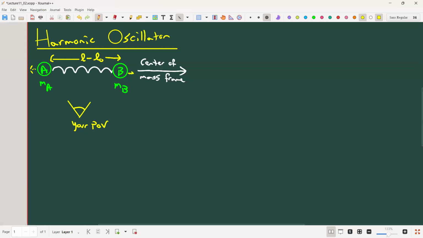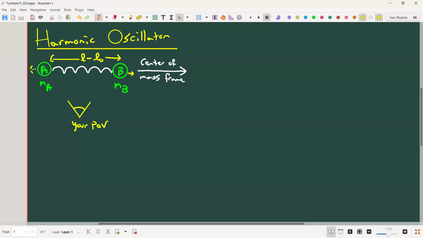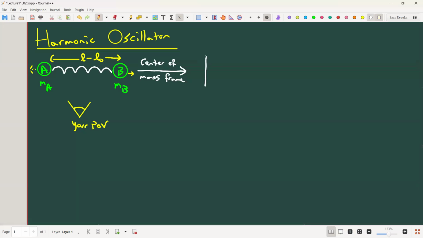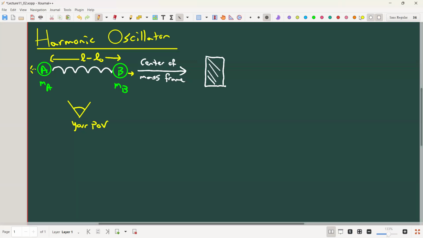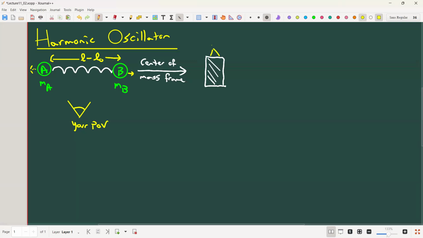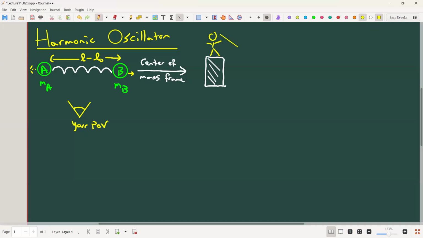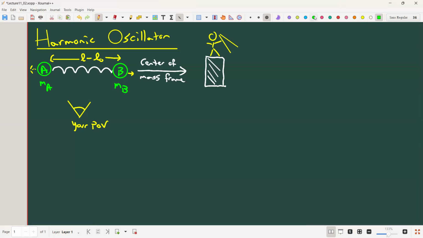In 3 dimensions, it's a 6-dimensional problem, which is miserable. And what we're going to do instead is convert to the center of mass frame, so the problem actually looks as if you're standing here, looking at this spring attached to a single mass.